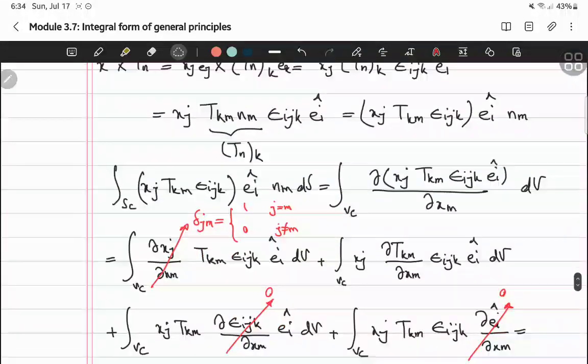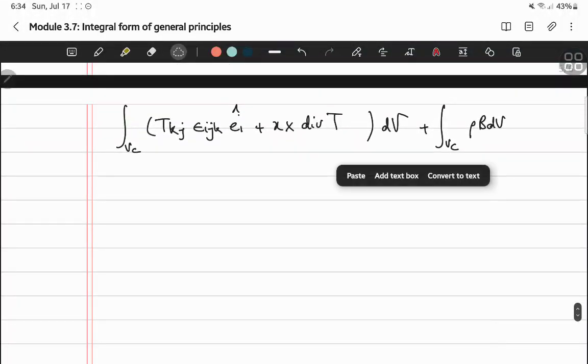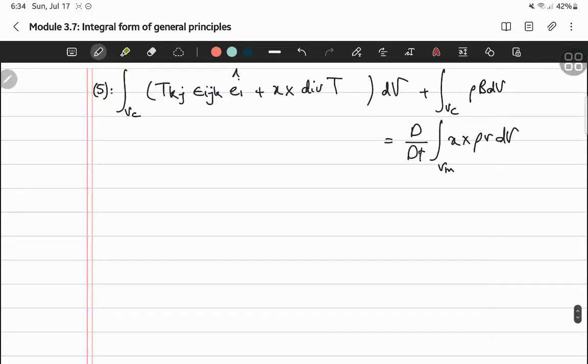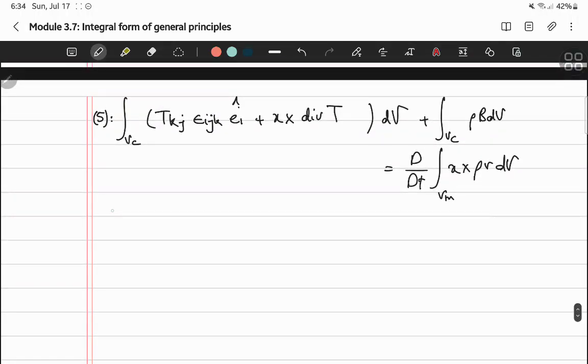So I already wrote down this here, 5. So this is again 5. So we have the integral over VC of the time derivative term plus the term with epsilon ijk and e_i dV, then we have x cross the divergence of t plus x cross rho b, so we have rho b.